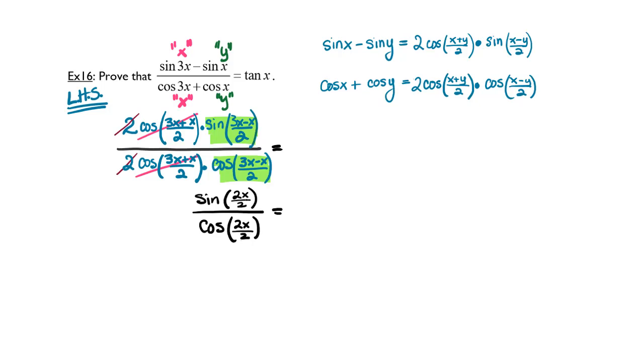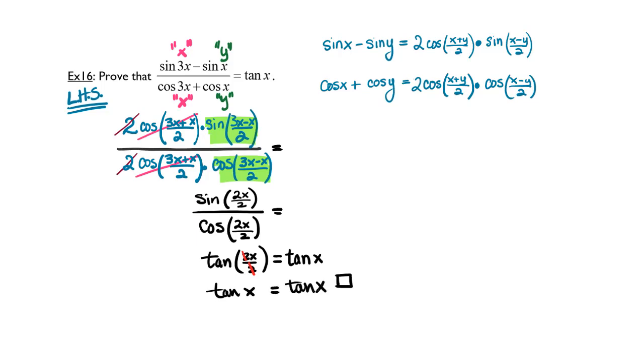Notice that the angles match for sine and cosine, which means I can rewrite this as tangent of 2x over 2, which reduces conveniently to tangent of x, which is what I wanted to show for this proof. I have now proven that tangent of x is equivalent to the left-hand side. So I have shown, as desired, that tangent of x is equal to tangent of x.